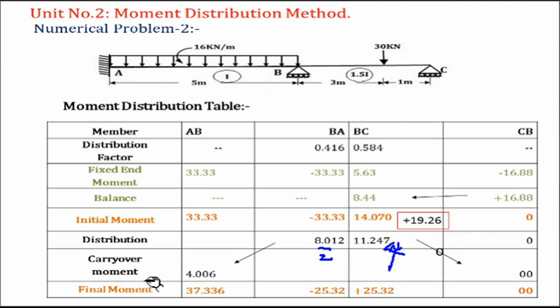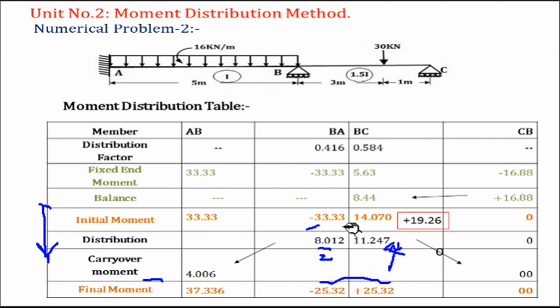Then after doing the carry over, there is no further moment for the intermediate support. So now do the addition. Add all moments, starting from the initial moment. So 33.33 plus 4.006, 37.336.